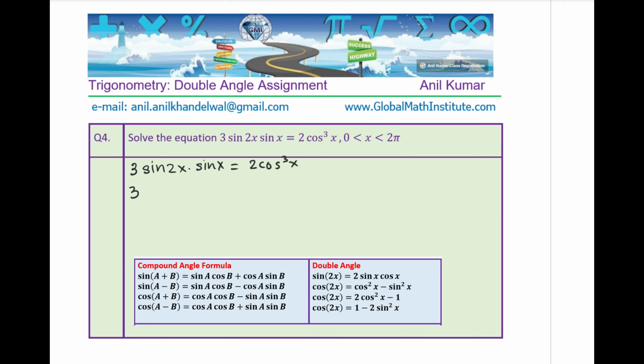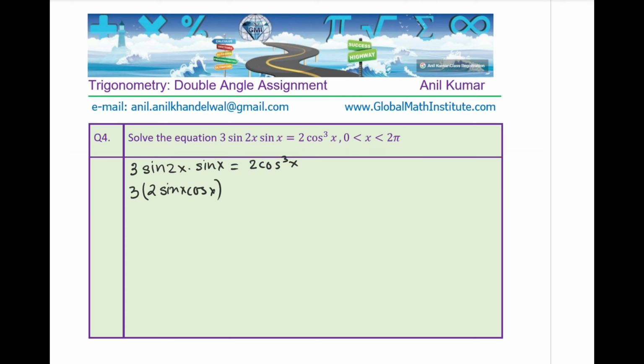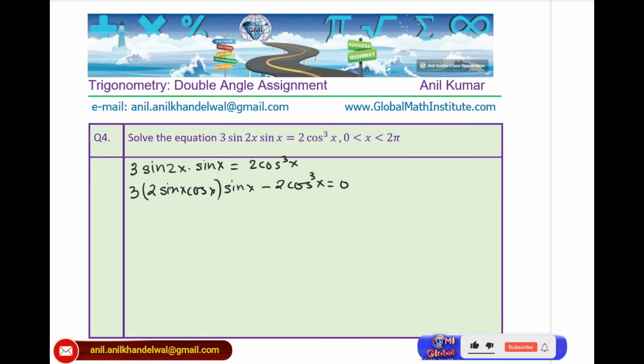So writing sin 2x as 2 sin x cos x, and then we have sin x here, minus 2 cos cube x equals 0. So we have 6 sin square x cos x.